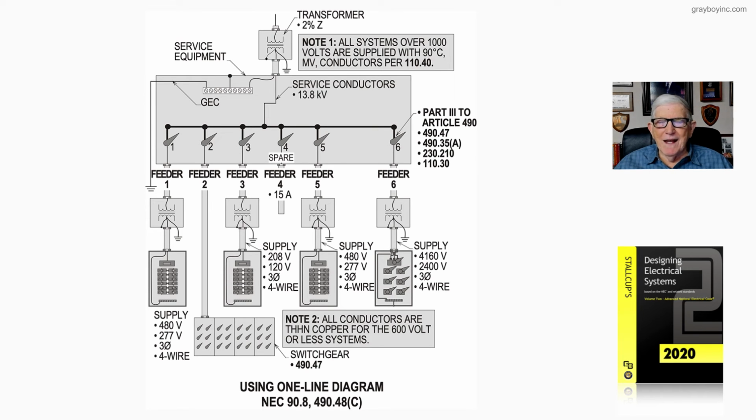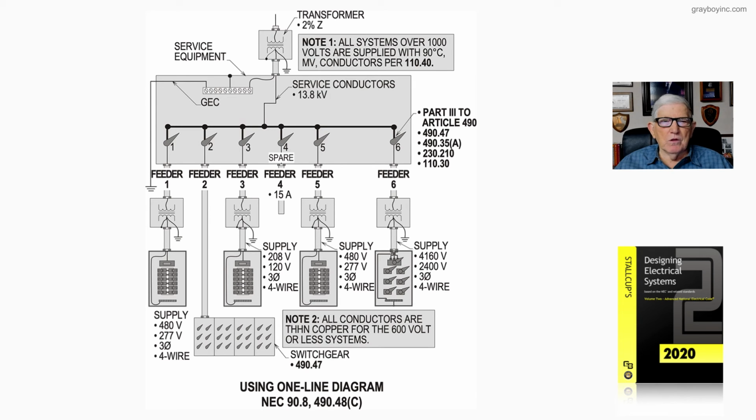And this is a one-line diagram, as you see listed in 90.8 and 490.48(C). But 205.2 of NFPA 70E, and I'll say it again, 205.2, as well as D.2.2 in Annex D in NFPA 70E, says you have to have a one-line diagram like this for safety, so that you can go in and isolate.